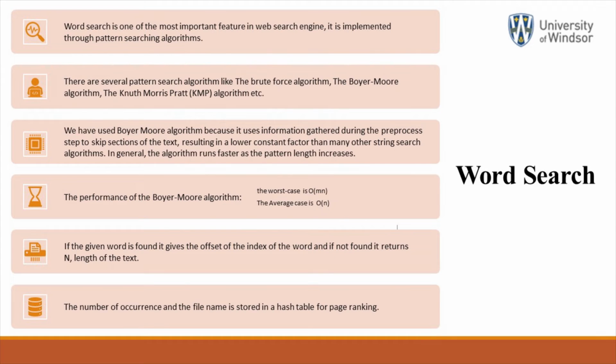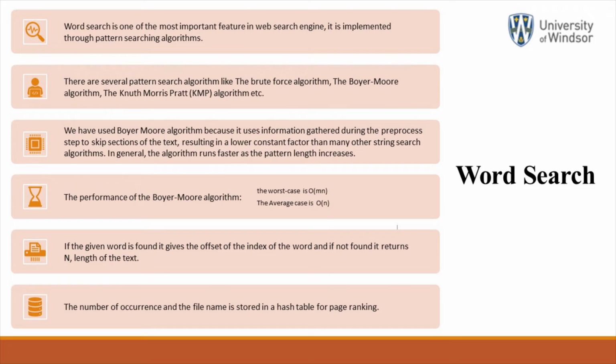The next feature of our web search engine is word search. Word search is one of the most important features of a web search engine. It is implemented through a pattern search algorithm. There are several pattern search algorithms like the naive algorithm, brute force algorithm, Boyer-Moore algorithm, and Knuth-Morris-Pratt or KMP algorithm.